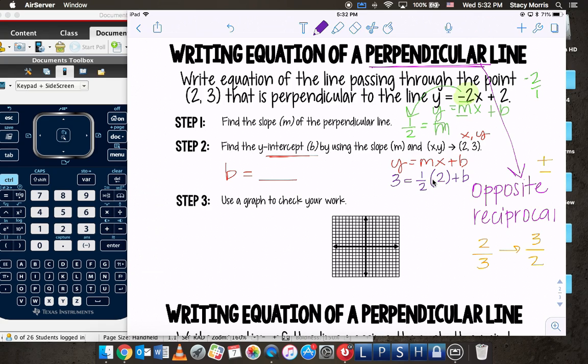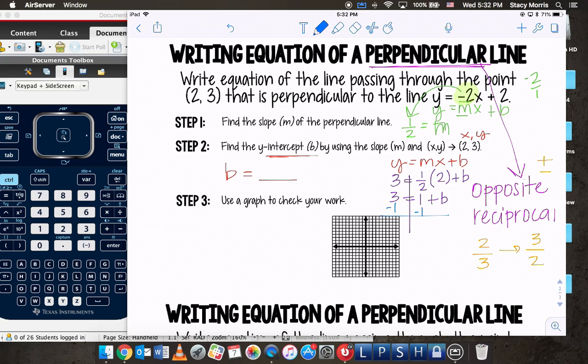So now we're just going to simplify. We're going to get rid of these parentheses first by multiplying. So 1/2 times 2, half of 2, would be 1. So 3 equals 1 plus b. Then your last step is to get this 1 to the other side, so we get b by itself. We want to get all these constants together. So we're going to move this 1 to the other side. We do that by doing the opposite. So the opposite of a positive 1 would be a minus 1, or a negative 1.